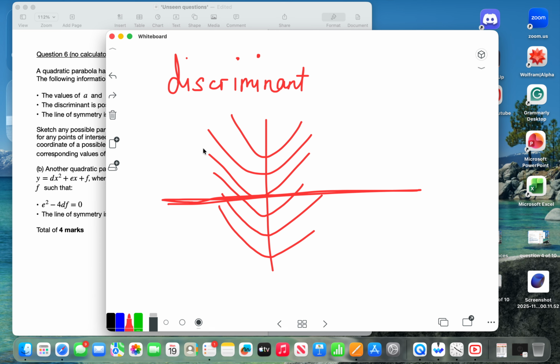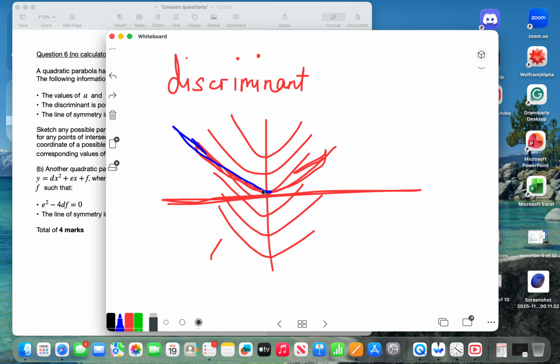So it would have to be such that the minimum turning point is along here. Or you could do this with the maximum turning point, with a parabola with a maximum turning point. So again, I'm going to do this one in blue.